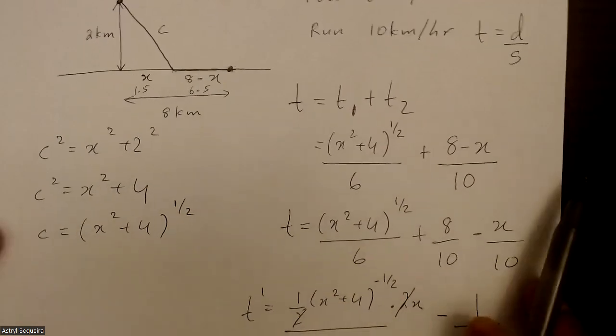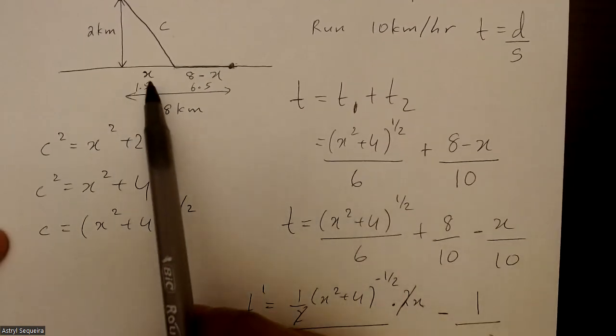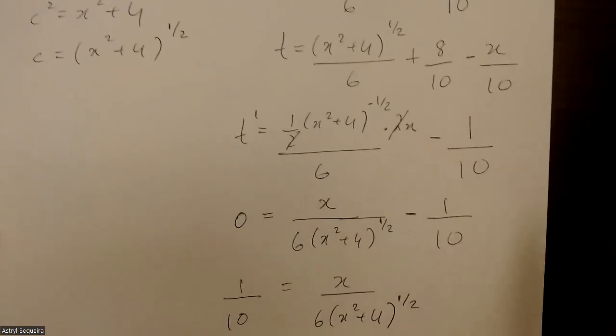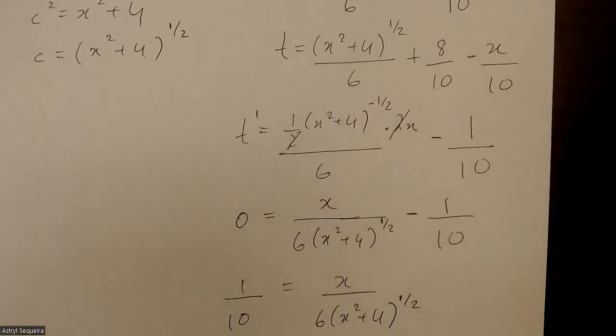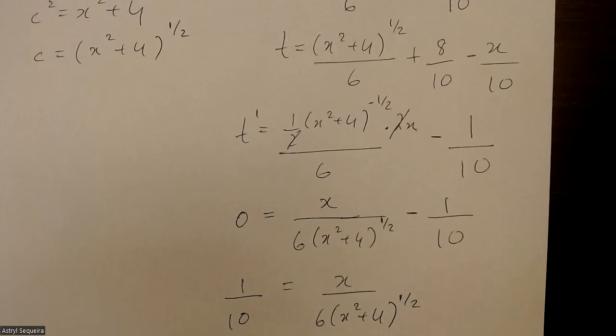And if you want to find the actual minimum time, you can also substitute the x value of 1.5 into the time equation. So I'll do that really quick right now. (1.5 squared plus 4) to the power of half over 6 plus 8 over 10 minus 1.5 over 10.